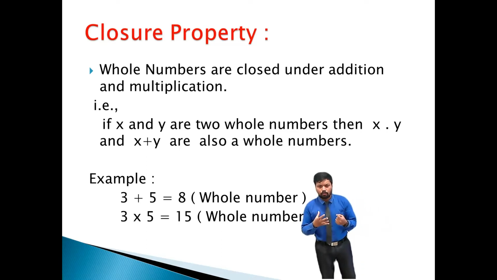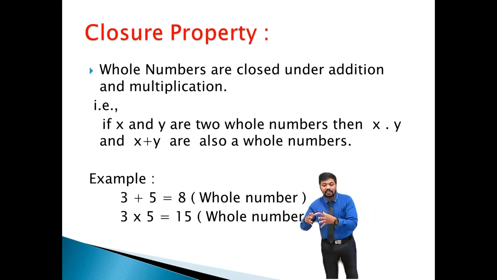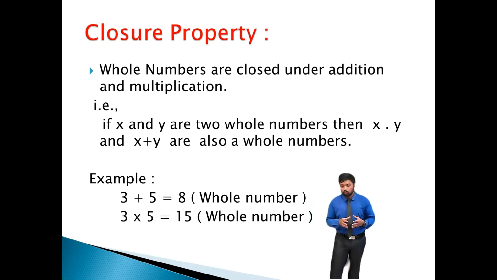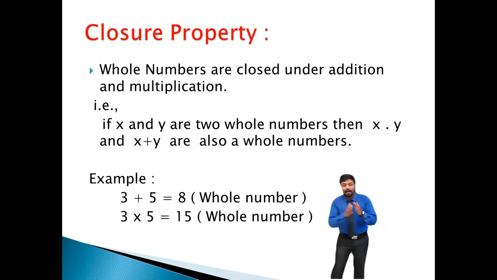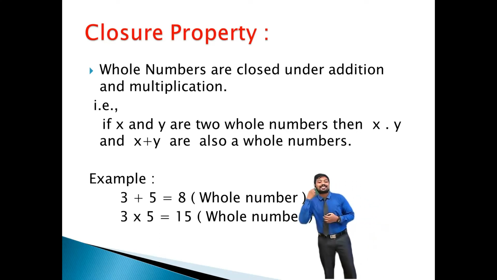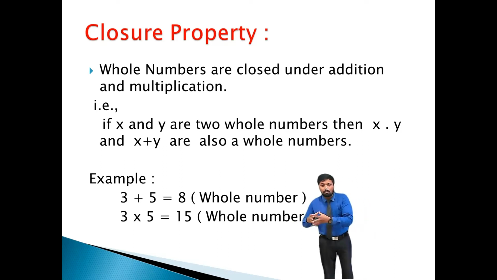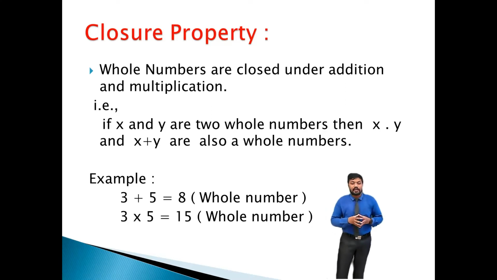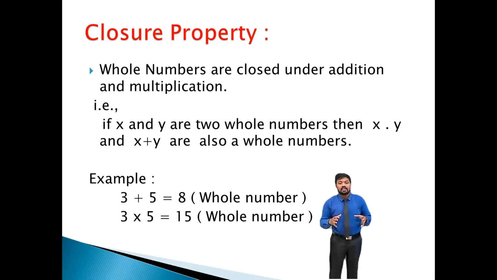It's not possible among whole numbers, but upcoming classes will introduce integers, where we'll talk about negative numbers also. 10 minus 20 gives minus 10. Minus 10 is a negative number, but we want whole numbers. It is outside the number system of whole numbers. That is why we do not consider subtraction.